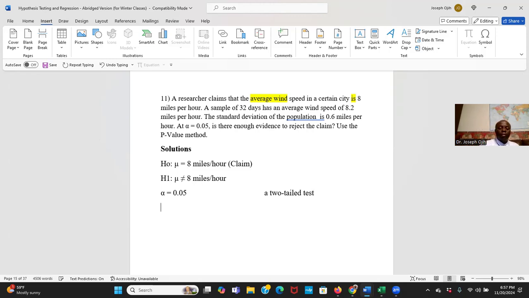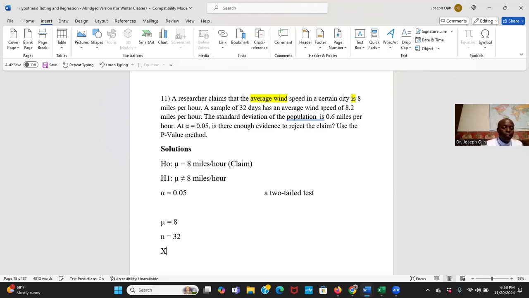So now let's put in our test statistics here. Because the average speed is 8, mean equals 8. It collected a sample of 32 days, n equals 32, and found the wind speed to be 8.2 miles per hour.